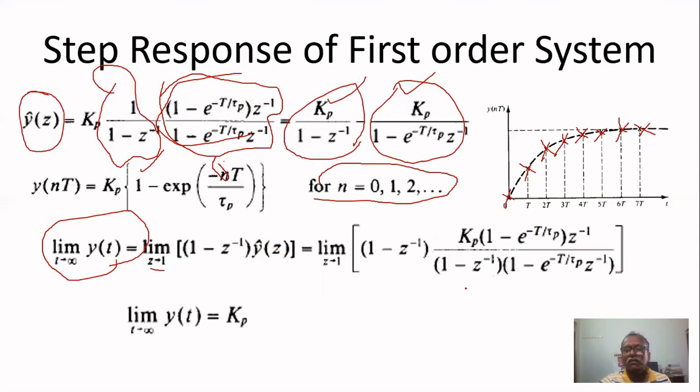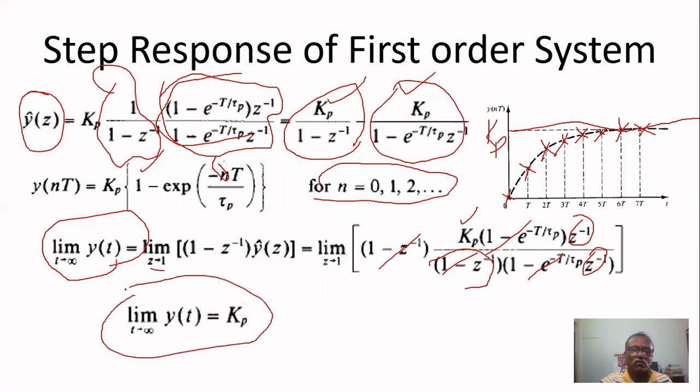The remaining terms are here. These two get cancelled. And if you put z equal to 1, this becomes 1. This also becomes 1, and these two get cancelled. The remaining thing is Kp. Therefore, the final value is Kp. It will settle at Kp. So the limit as t tends to infinity of y of t equals Kp.